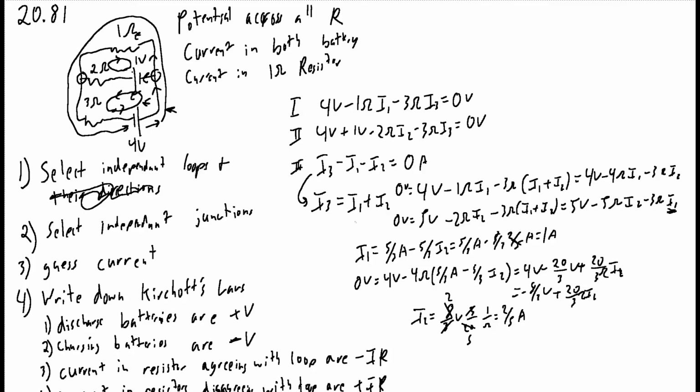That is my I1. So now I come up here and we find that I3 is the sum of these two, so that's 1 amp plus 2/5 of an amp, and so we end up with 7/5 of an amp. All right. So now I got all my currents.